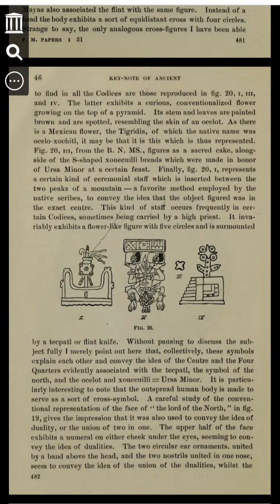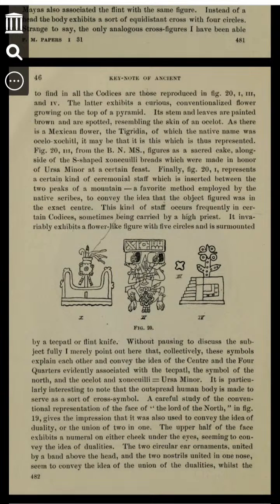Figure 20, Roman number 3 from BNMS figures a sacred cake alongside the S symbol shown kulili, breads which were made in honor of Ursa Minor at a certain feast. Finally, figure 20, Roman number 1 represents a certain kind of ceremonial staff which is inserted between two peaks of a mountain, a favorite method employed by native scribes to convey the idea of the object figure.